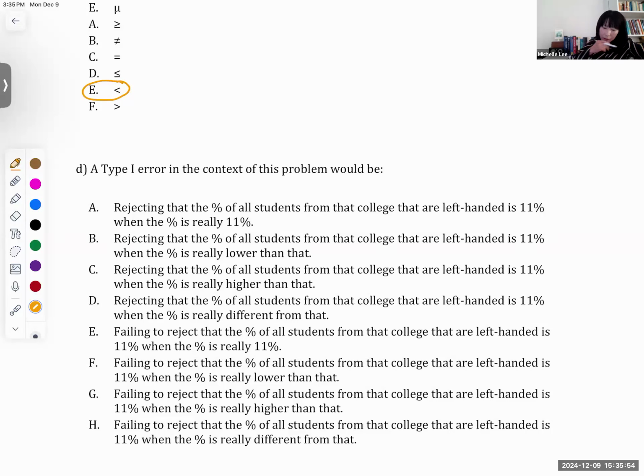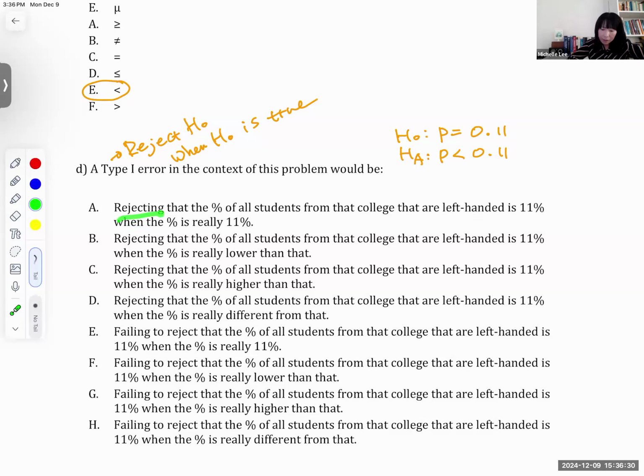Oh, A. Okay, so type 1 error says reject the null hypothesis when the null hypothesis is true, right? So we have a null hypothesis, which is the proportion equal to 0.11, and the alternative hypothesis lower than the number, right?